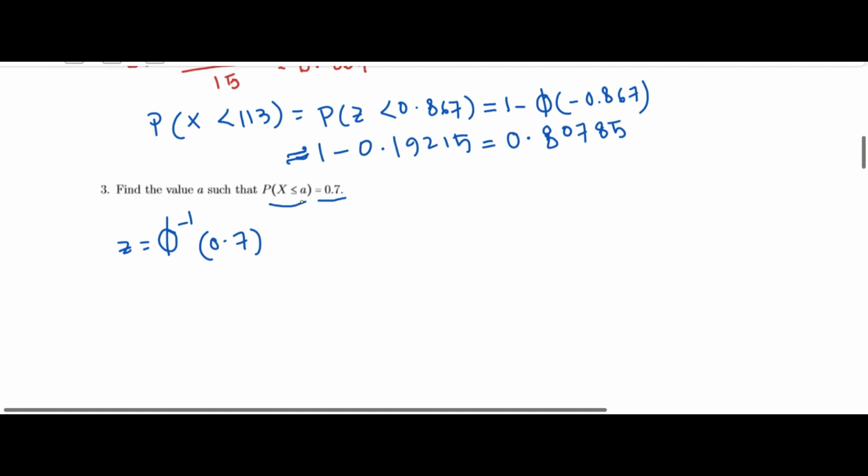This means that the CDF of the z-score is going to be equal to 0.7.